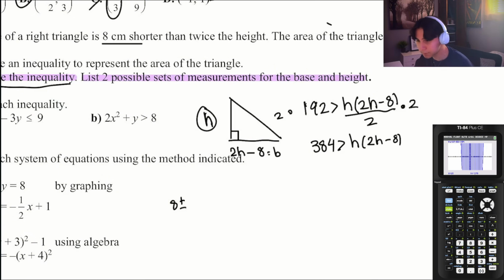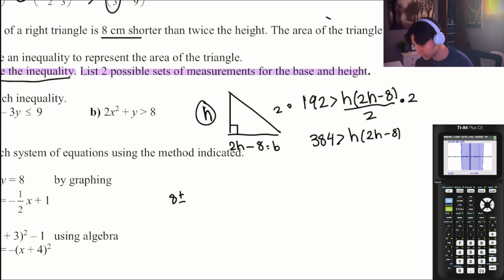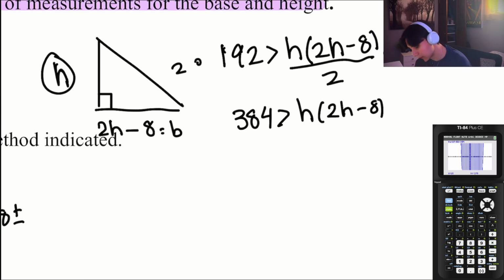Now that we've done this, our equation now becomes this. So what we can do is FOIL, or distribute this h onto the rest. We get 384, and this is going to be less than, because this represents the base and the height. So we get 2h squared minus 8h.